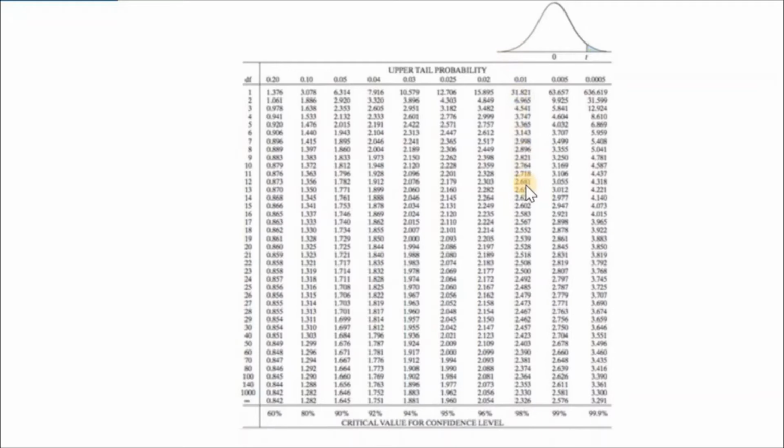And degrees of freedom is n minus 1, which is 19 minus 1, which is 18. So look at the row of 18. That means we'll be looking at this row of 18 and column of 0.01. So this is the number, which is 2.552. We just looked at the row of 18 and column of 0.01.